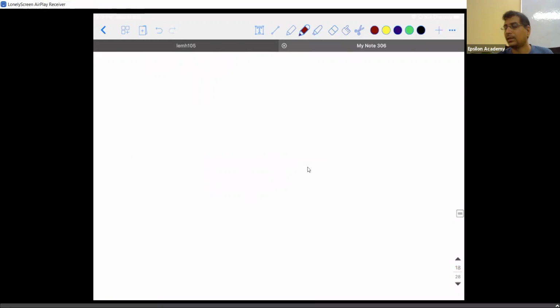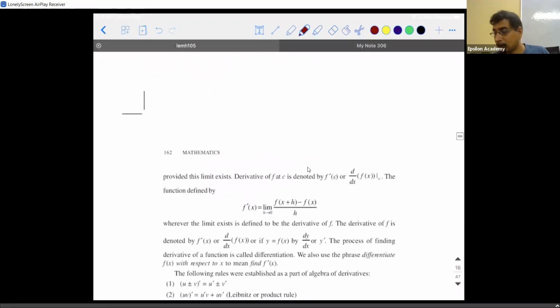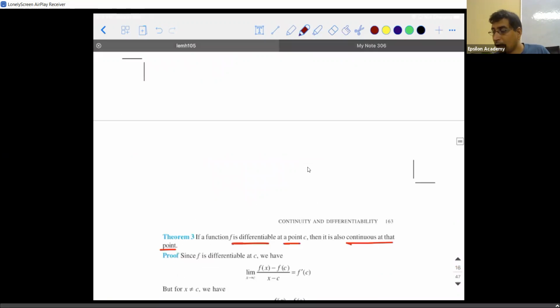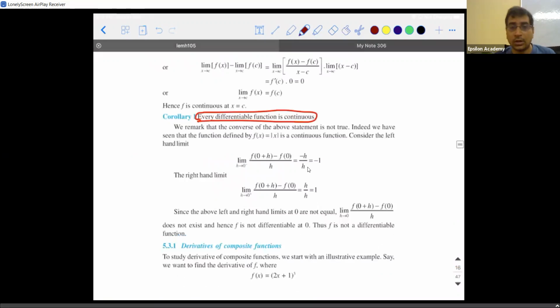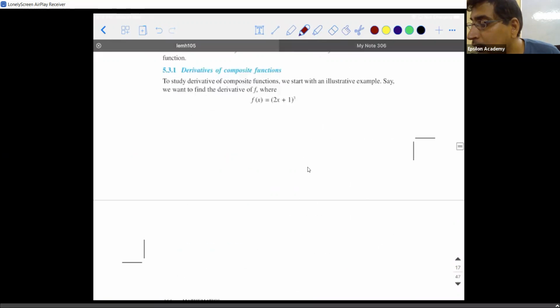Okay. So after this, we are going to discuss the derivatives of composite functions. What I mean by derivative is nothing but the output of the operation called differentiation. I think I've asked this question, still I'm repeating it.